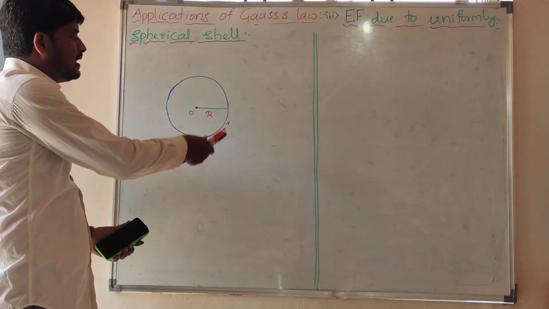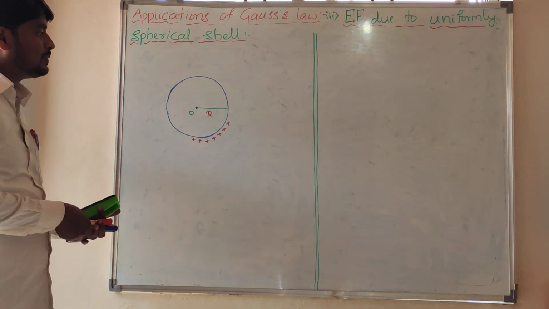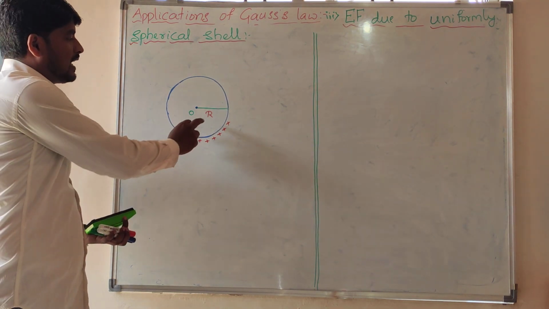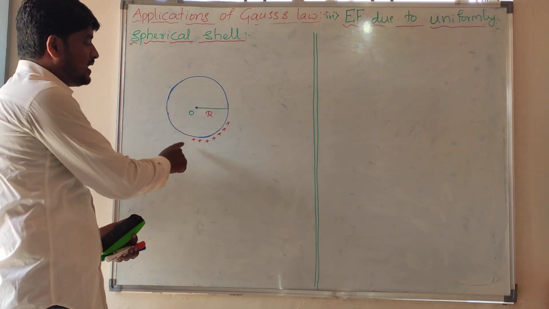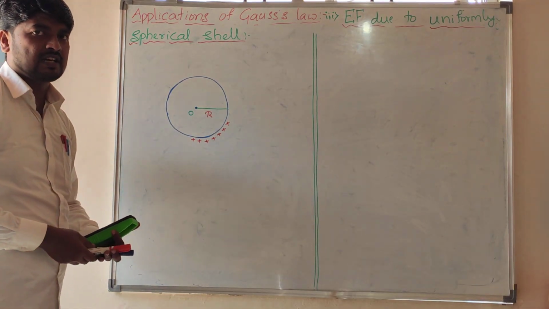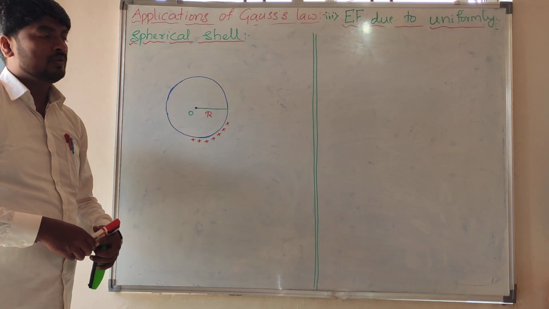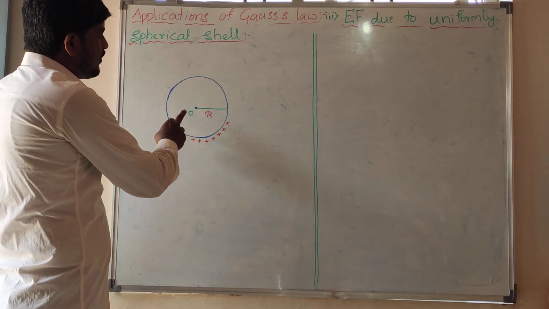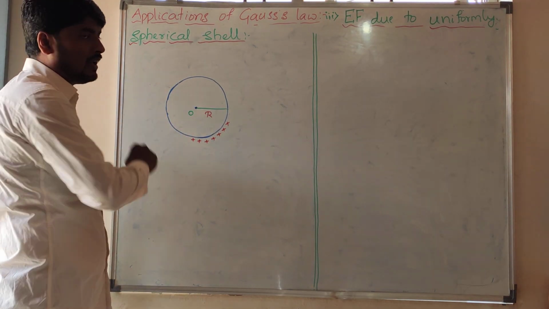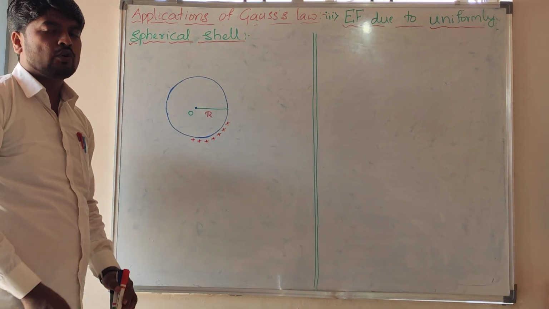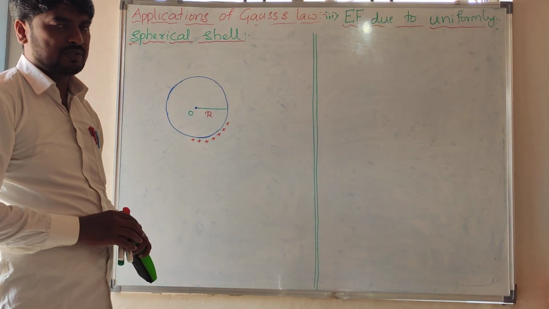So here I have considered a spherical shell of radius capital R, which is positively charged Q, having a surface charge density sigma. Now, in order to calculate the electric field due to this spherical shell, first and foremost we have to consider the Gaussian surface.